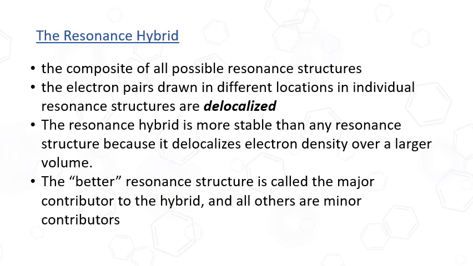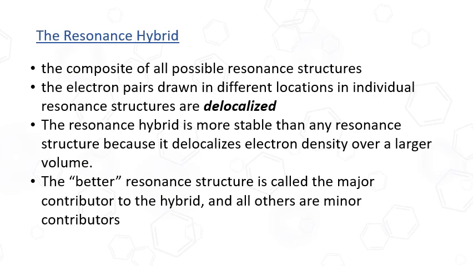And the idea is that your electrons are not owned exclusively by one carbon or between two carbons in a bond, but they are actually delocalized, continuously moving between your structures.